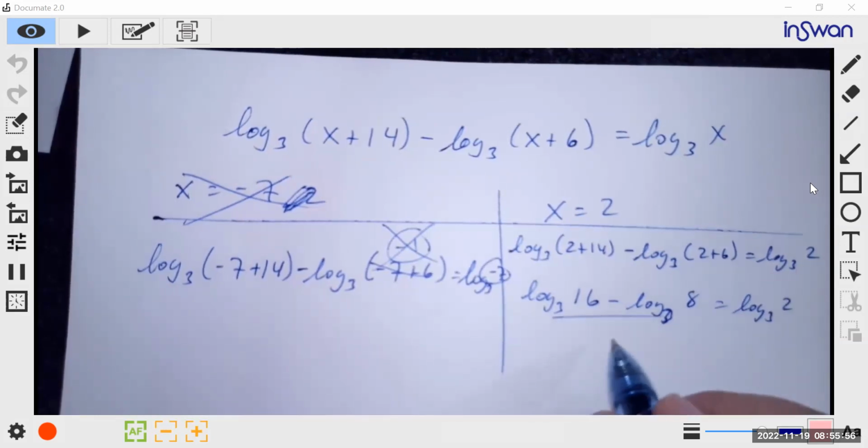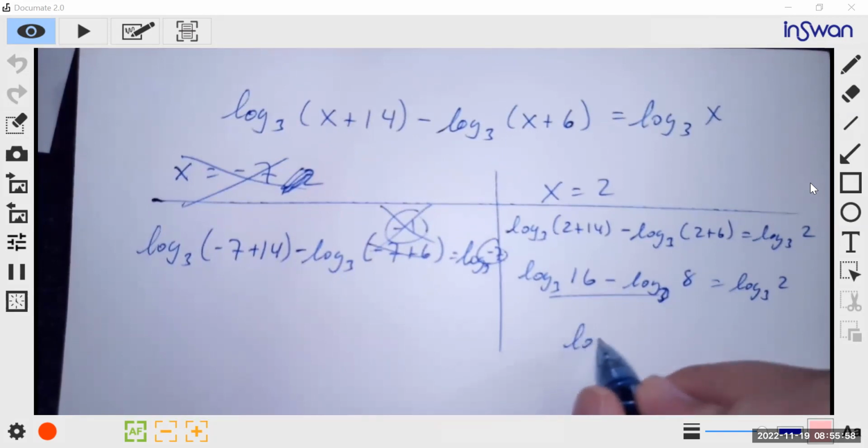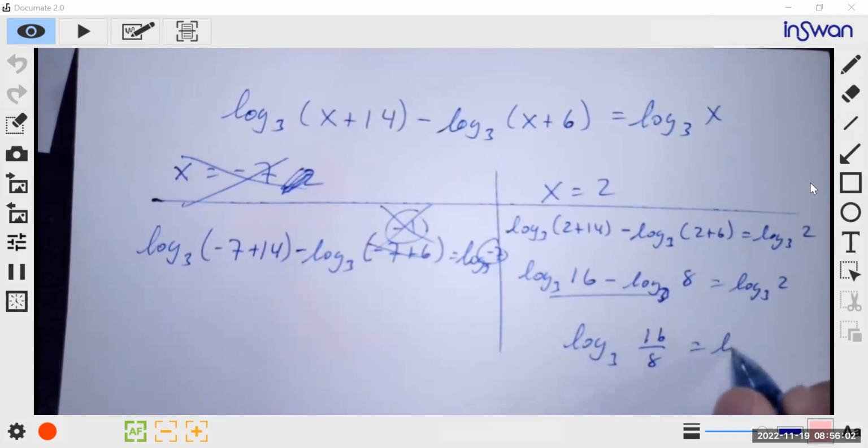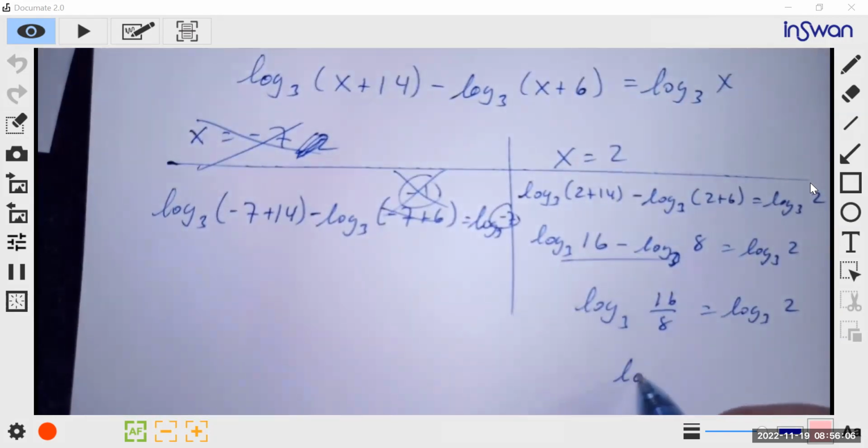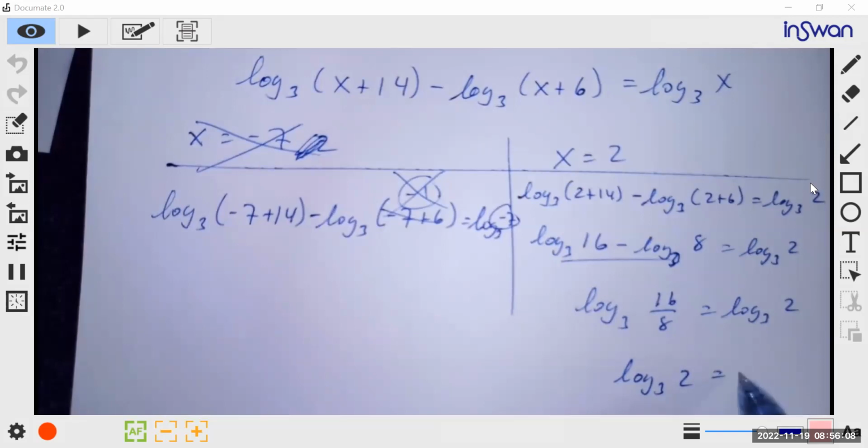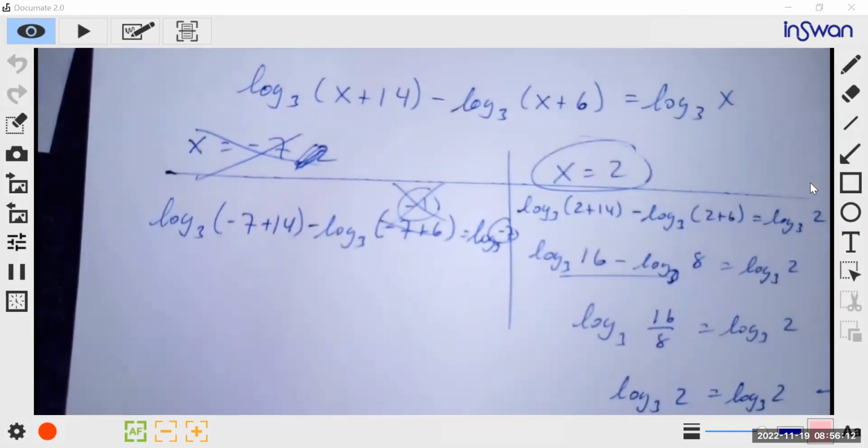These are subtracted, so I could divide them. Log base 3 of 16 divided by 8 equals log base 3 of 2. 16 divided by 8 is 2. And they work. So that's our only solution. Whenever you get an answer, always check your answers. Make sure it's right.